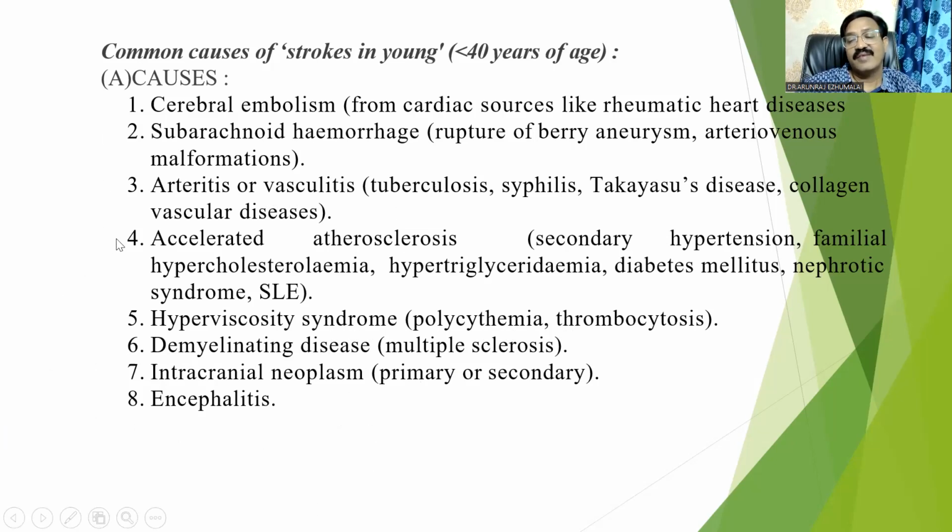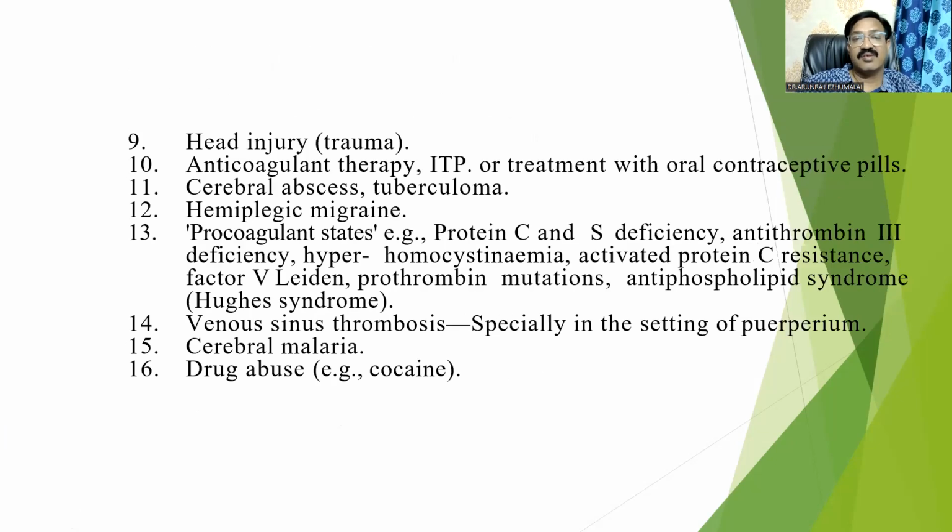Whenever a young stroke patient is given, you have to suspect these diseases. Other than this, hemiplegic migraine, anticoagulant therapy, abscess, tuberculoma, but these are the five points that they will mostly ask.